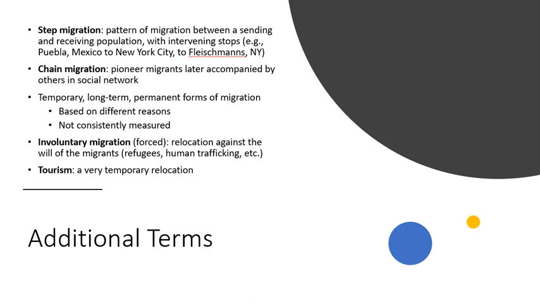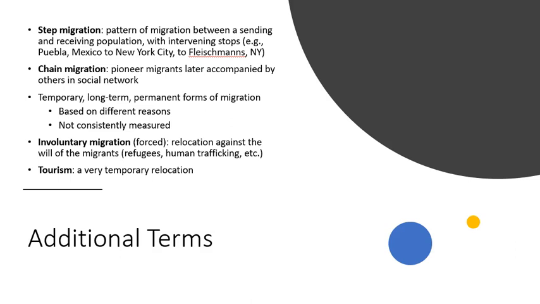So it's like this stepping across different geographic areas. Chain migration has to do with social networks, and generally when people go into a particular country, they bring family and friends over time, and that's chain migration.